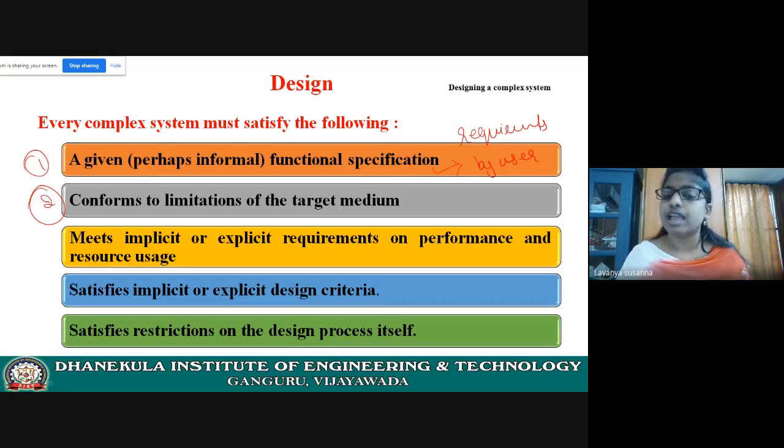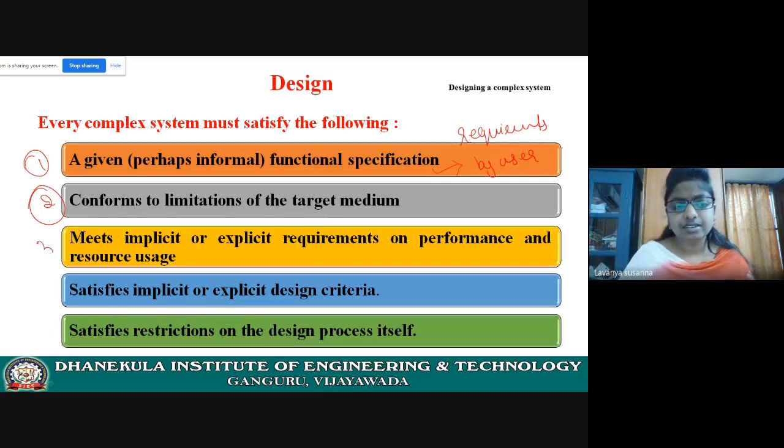You cannot expect a 3G mobile to have higher data rates and enhanced security like a 4G mobile. So there are some limitations for the target system.